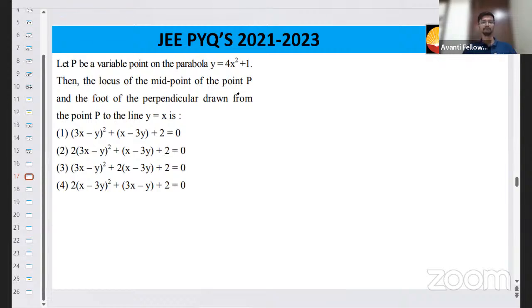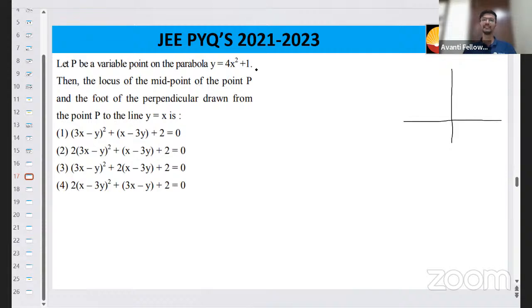Okay. So I think we should not try to draw the diagram, it will look confusing. Or should we try? So let's try drawing the diagram.